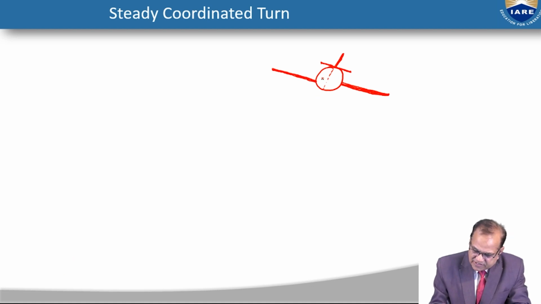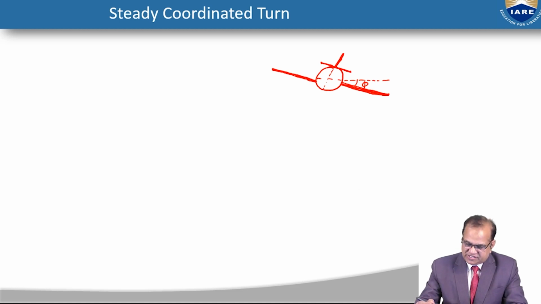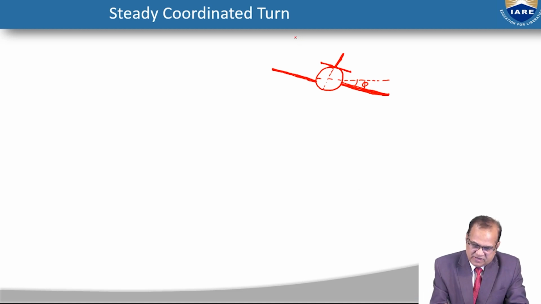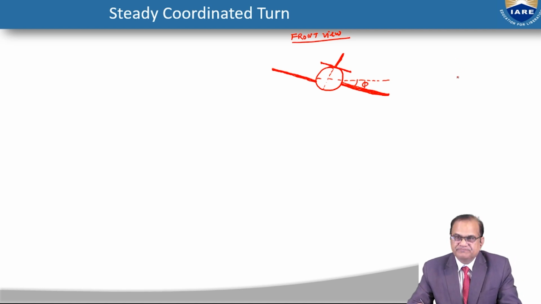I will just put it here like this. This is the phi. So if I make this angle, this is your front view. If I make this a side view, how will your aircraft look?